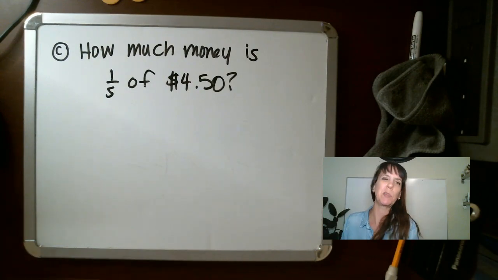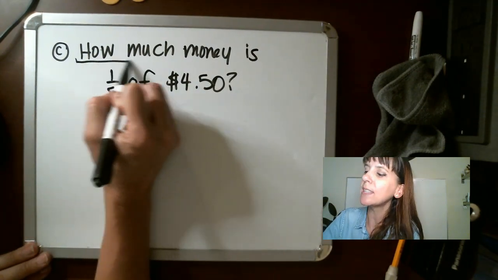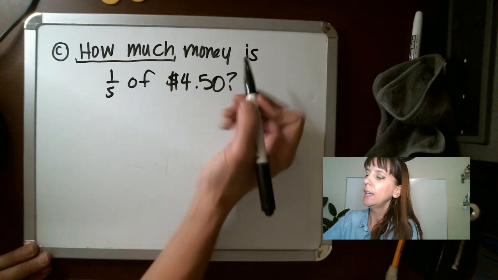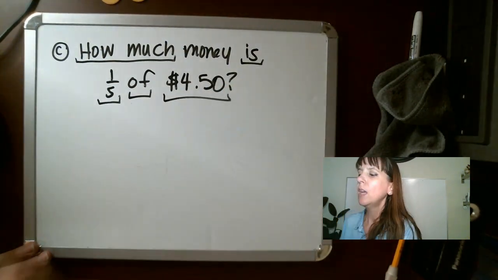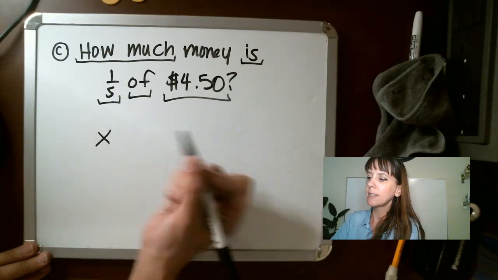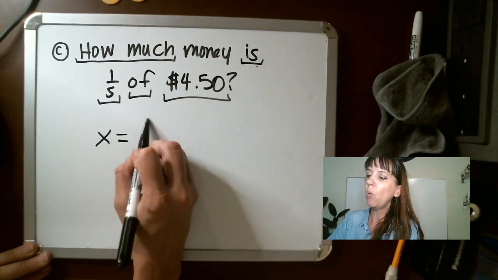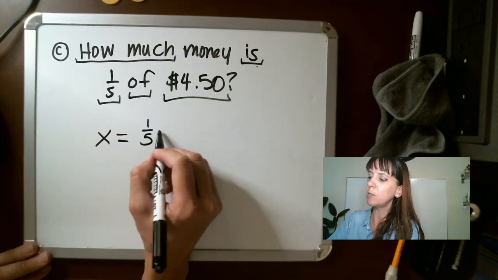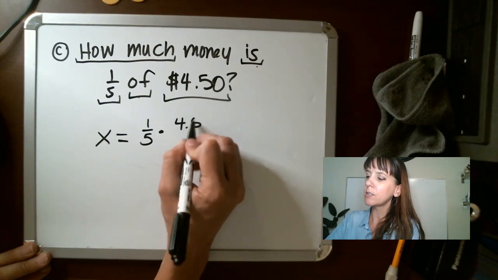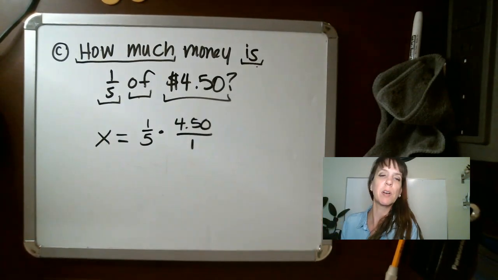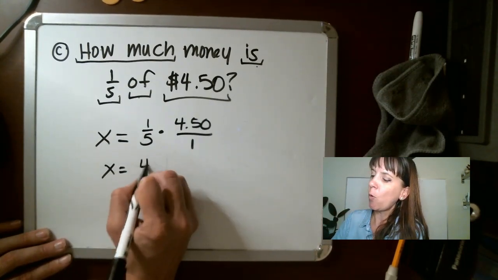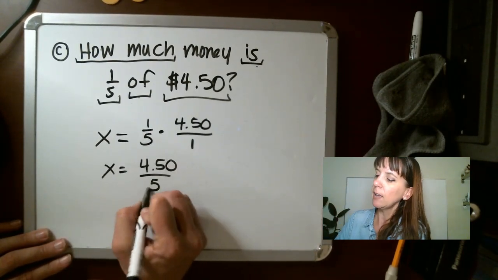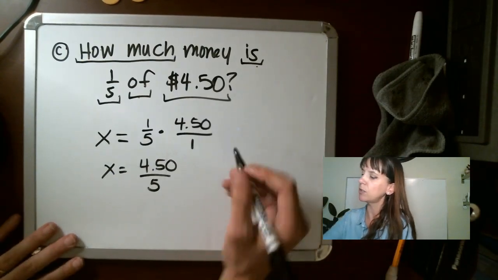It sounds weird when we say it that way, but that's what we're going to convert. How much, we'll call that X, is 1/5 of, which means multiply, $450, and I'm going to put it over 1 to make life easier. Multiply straight across the top, straight across the bottom. We get 450 divided by 5. Let's go do that side work.